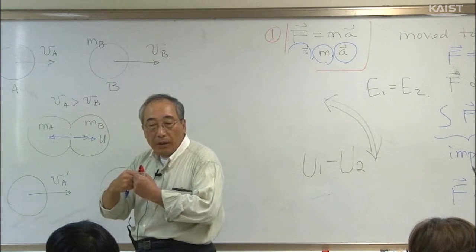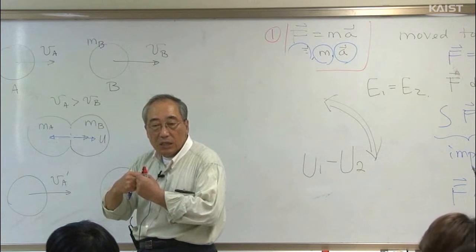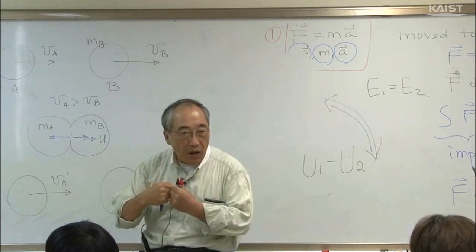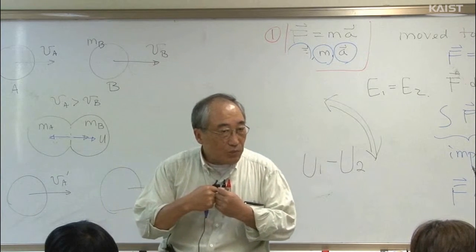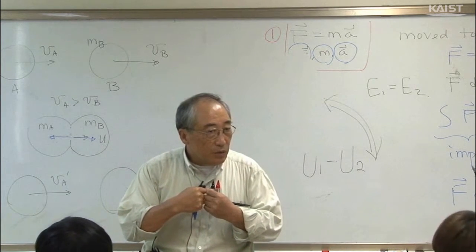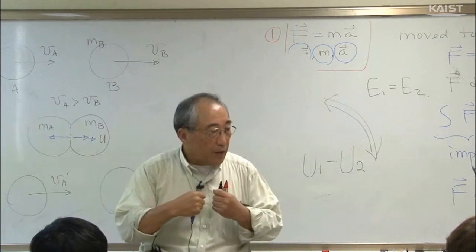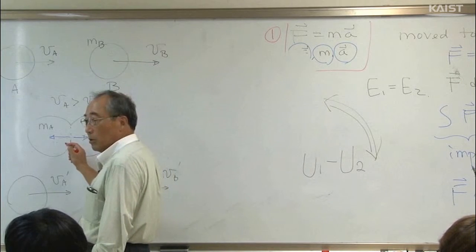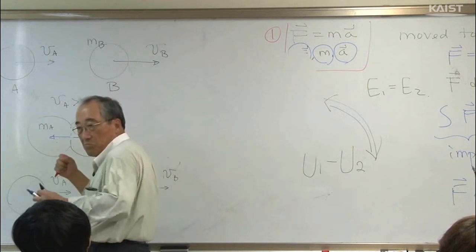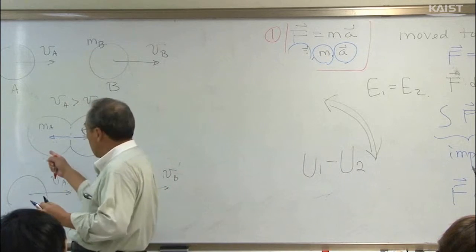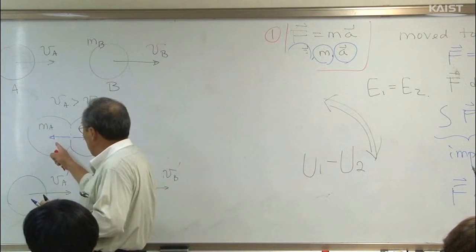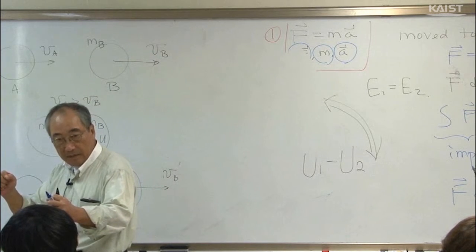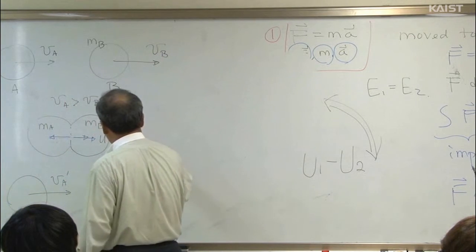And then, because of something that we do not know, these two masses will separate. To be separated, there is another force which will push this mass away from that mass. Okay? So in detail, there will be two stages.